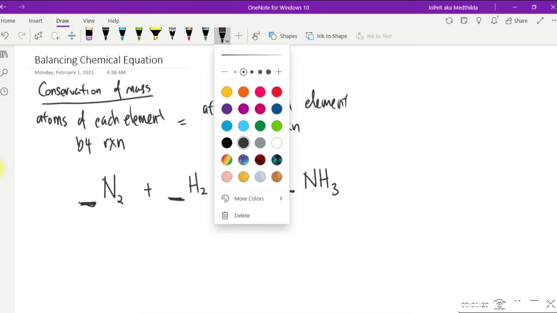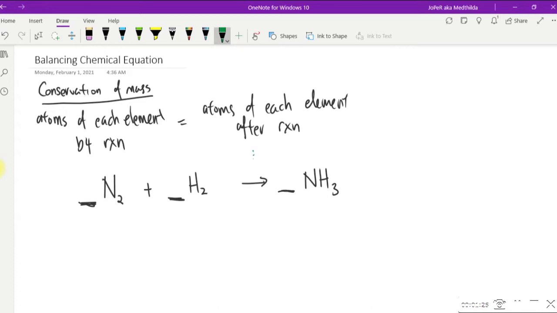Anything that's before this line over here, that I draw on the arrow, is before reaction. Anything after this line, of course, would be after reaction.